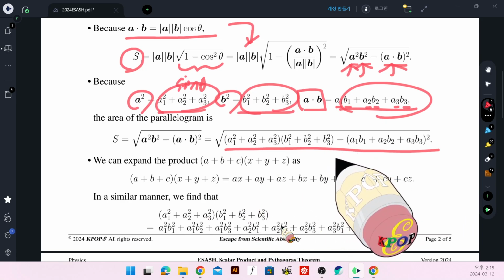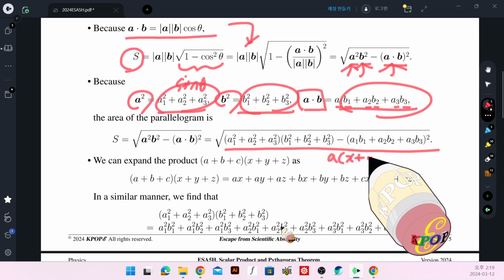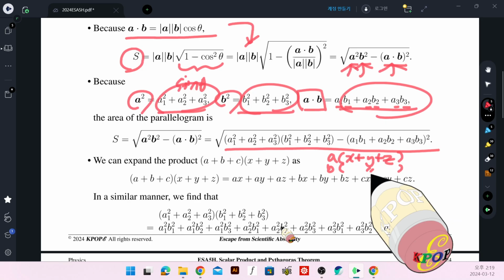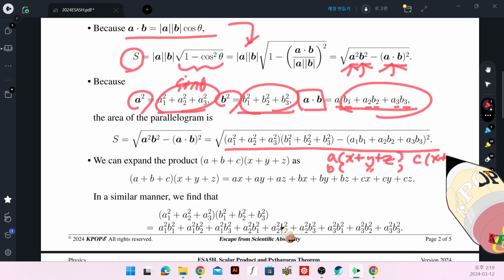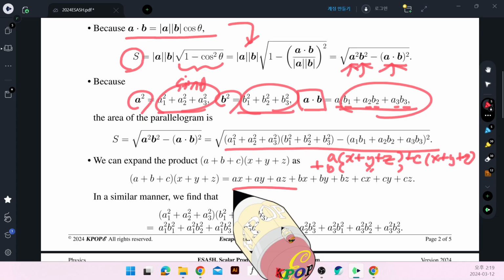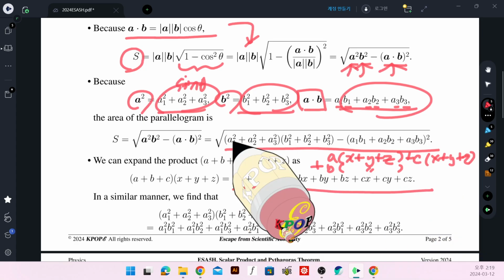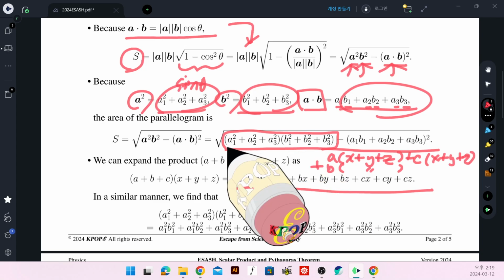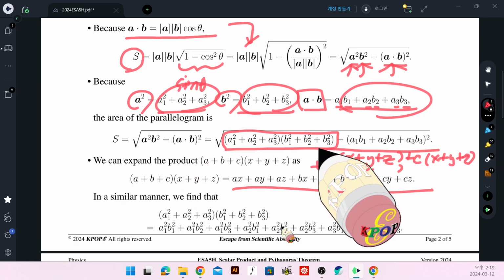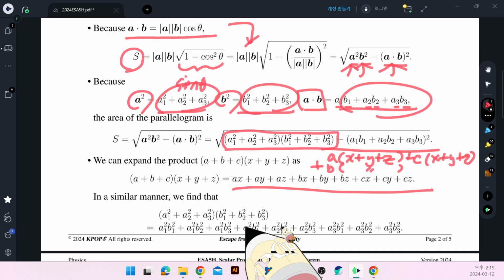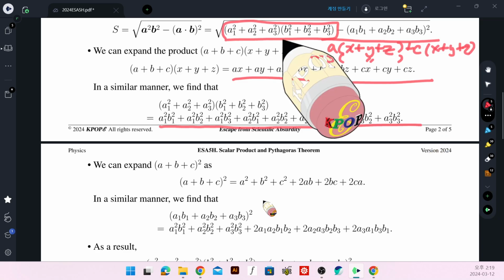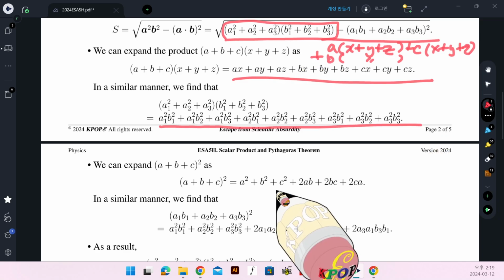That means we have a times x plus y plus z, and b times x plus y plus z, and c times x plus y plus z, and add them all together. So this is the answer. Using this formula, I can expand the product of the square of vector A and the square of vector B. A little bit tedious, but it is straightforward to find the answers for this expansion. Okay, I hope you can do it yourself.